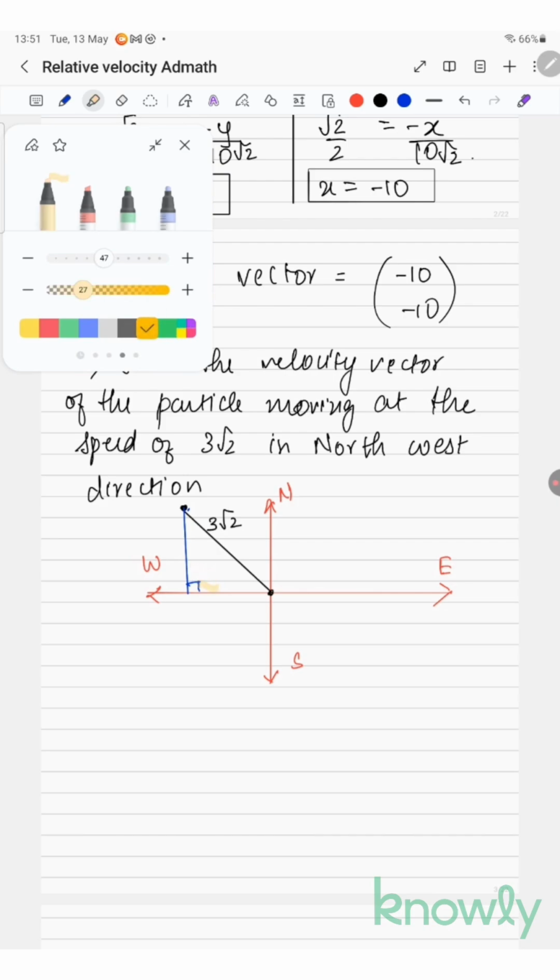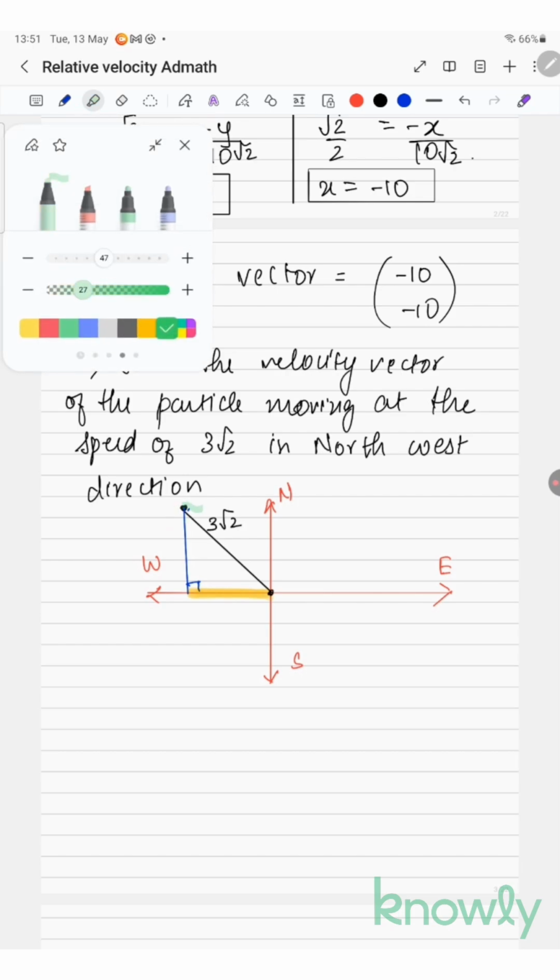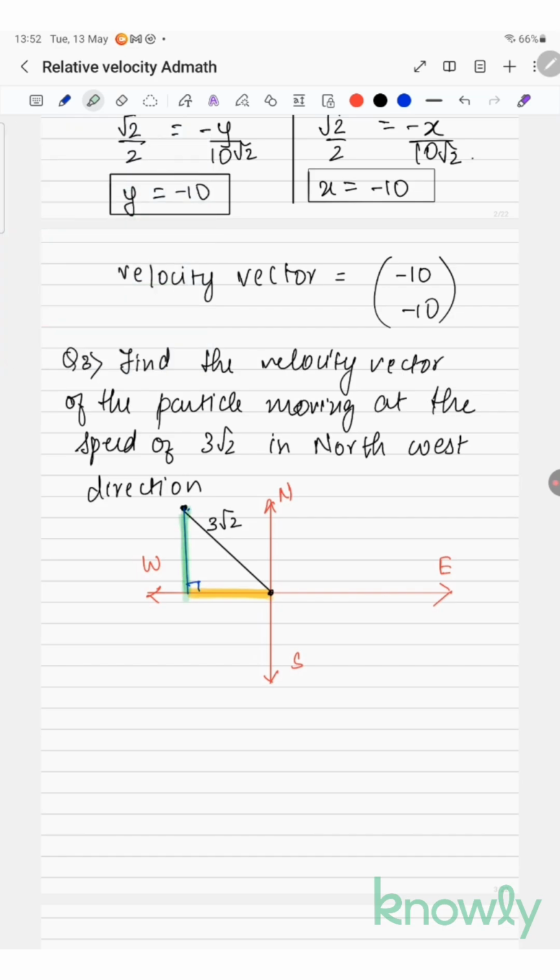So now this is the horizontal axis and this is the vertical axis. So now this is positive y and this is minus x, and again this makes a 45 degree angle. Why minus x? Because it lands on the negative side.